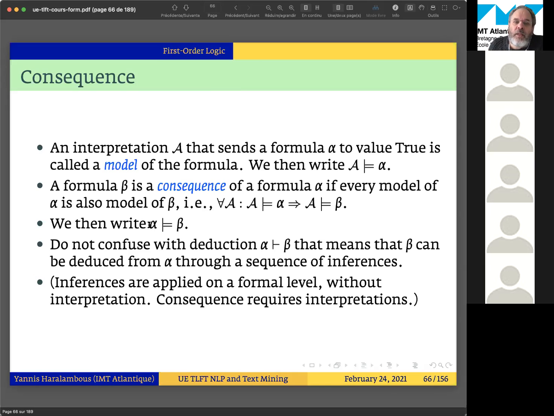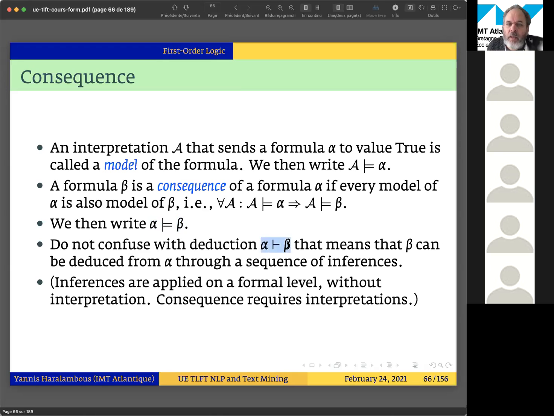And we use this symbol. And this symbol looks very much like this symbol. Do not confuse them. This one means every model of alpha is a model of beta. So here we are doing interpretations.